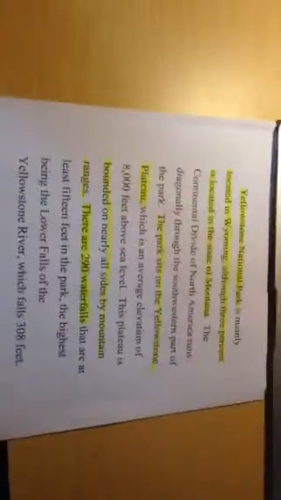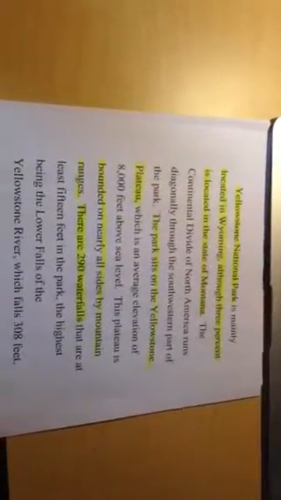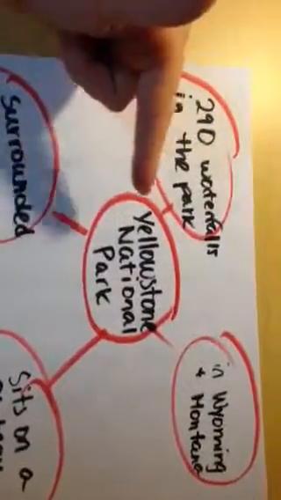Okay, so now I read it through a couple of times, and I have some main facts, main points that I picked out. The next step will be to write our summary, but I just want to show you sometimes this can be helpful if we make a little web that'll just organize our ideas. So, as you can see in the middle, I put our what, which is Yellowstone National Park.